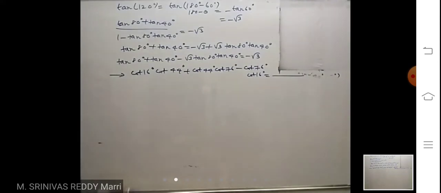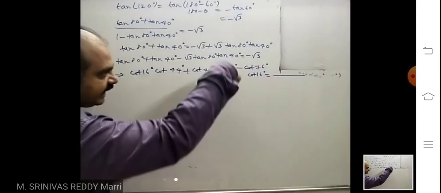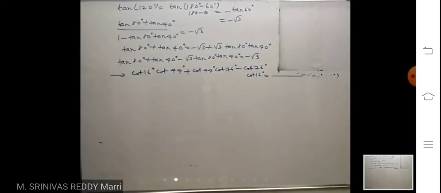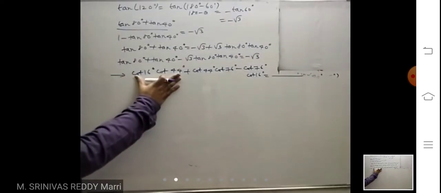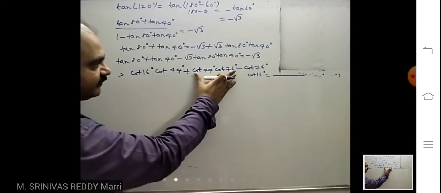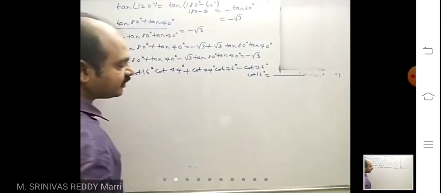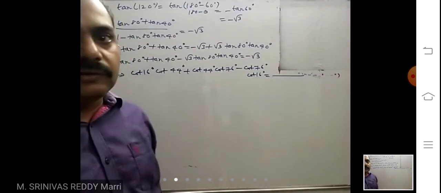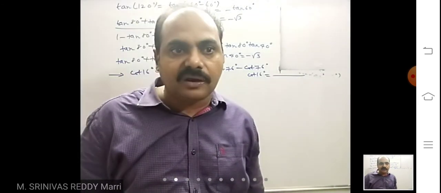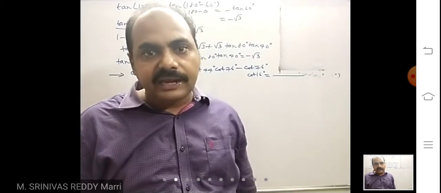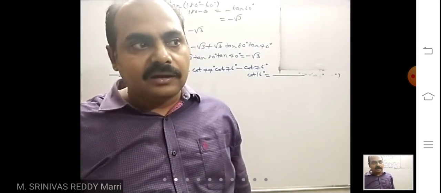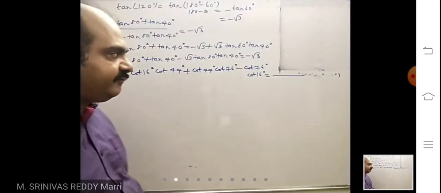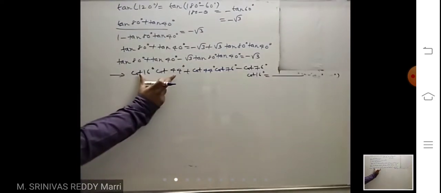Look at here, the approach is a little bit higher. Here the product of two cots is there, here the product of two cots is there, here the product of two cots is there. Two cots' product will be in our cot of A plus B as well as cot of A minus B. Cot A into cot B is there in cot of A plus B as well as cot of A minus B. Now you have to get that product.